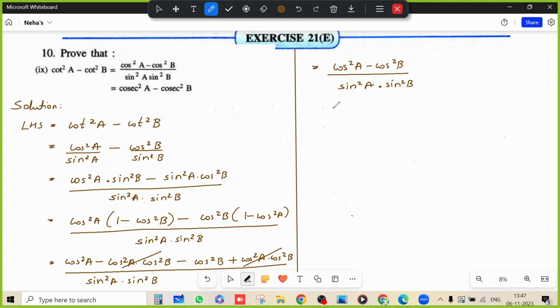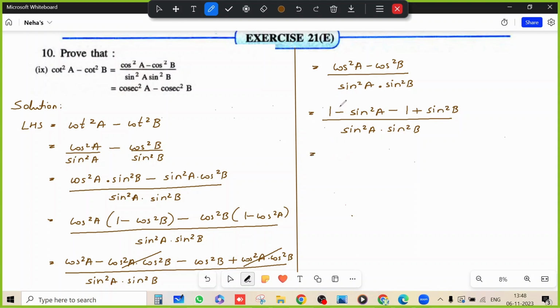Now we will continue, and this can be now written as 1 minus sin square A minus 1 plus sin square B divided by sin square A into sin square B. This is because cos square A now can be written as 1 minus sin square A, and cos square B now can be written as 1 minus sin square B, but here we have a negative sign, so the signs will get reversed.